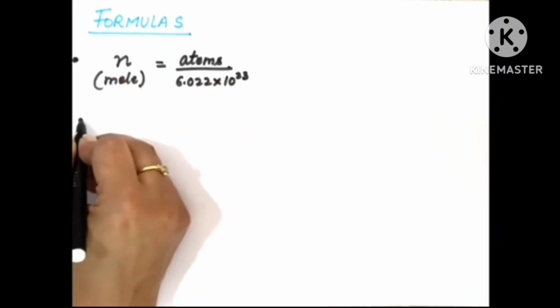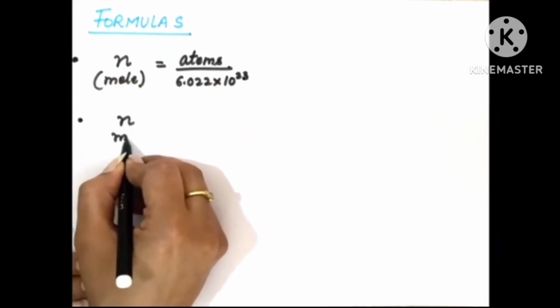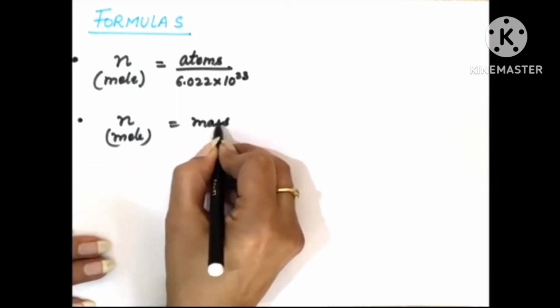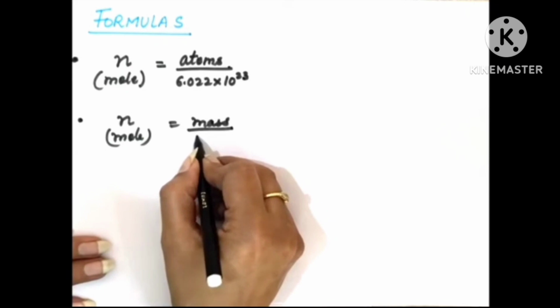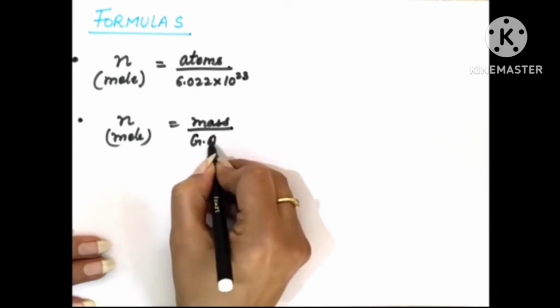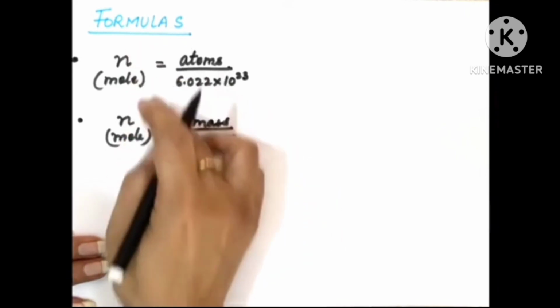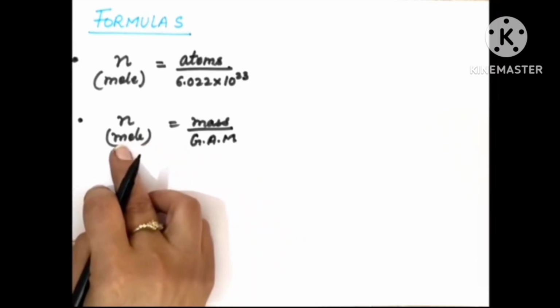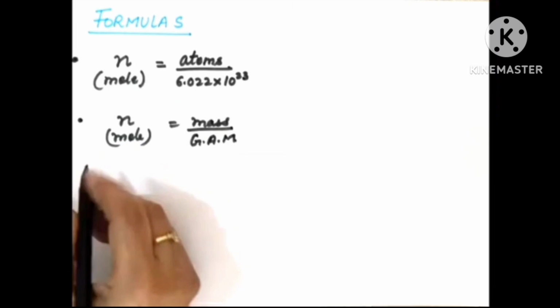Second formula is moles. They are also equal to mass upon gram atomic mass. Again, this is for elements only because we are using the atomic mass term here. So this is the mole of element.